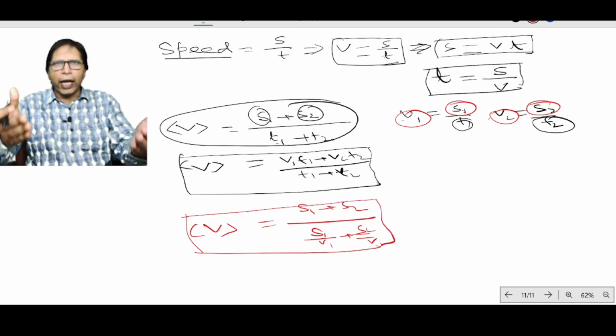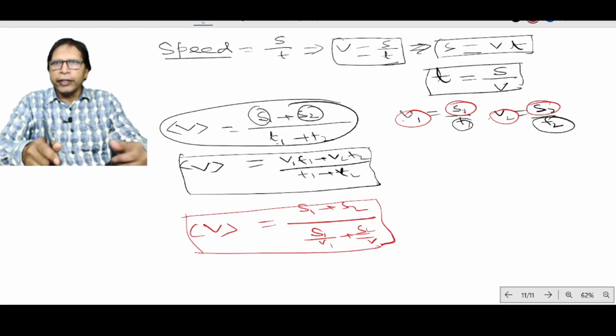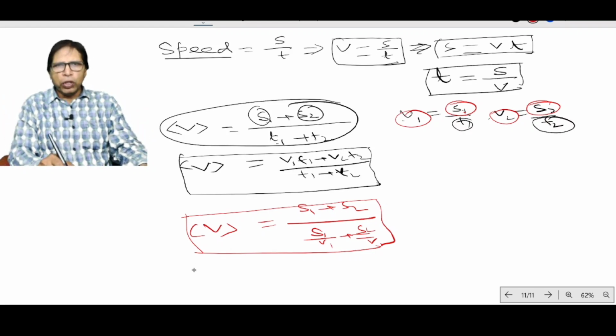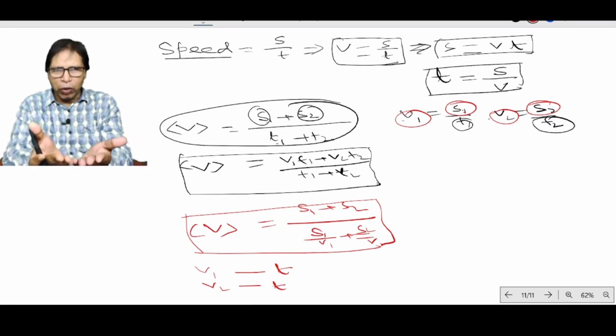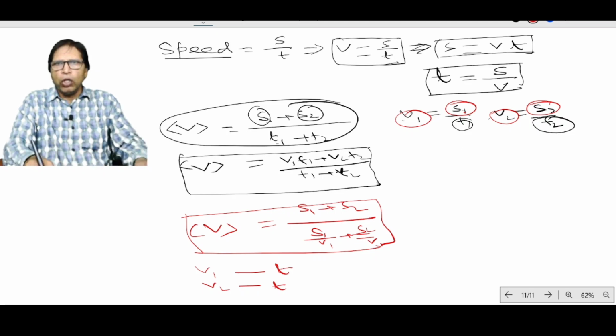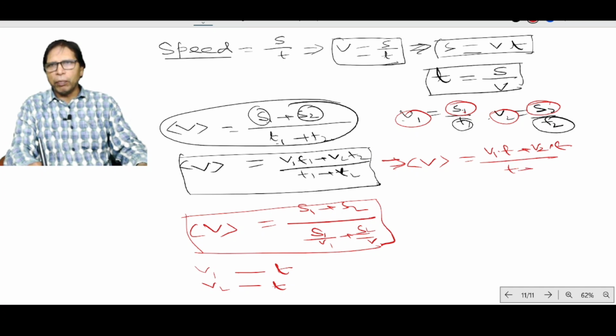Now we have to calculate average speed in equal time. That is, a particle moves with speed v1 for time interval t and speed v2 for time interval t. Okay, so same time interval for velocity v1 and velocity v2. In this case, average speed becomes v1 into t plus v2 into t divided by t plus t.